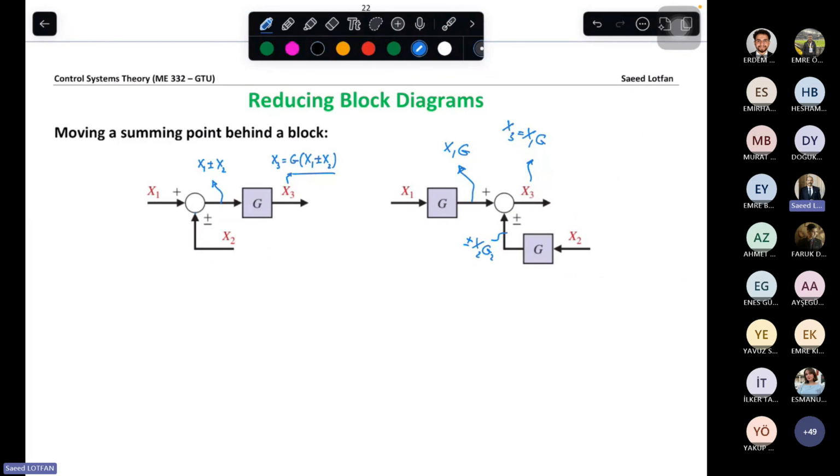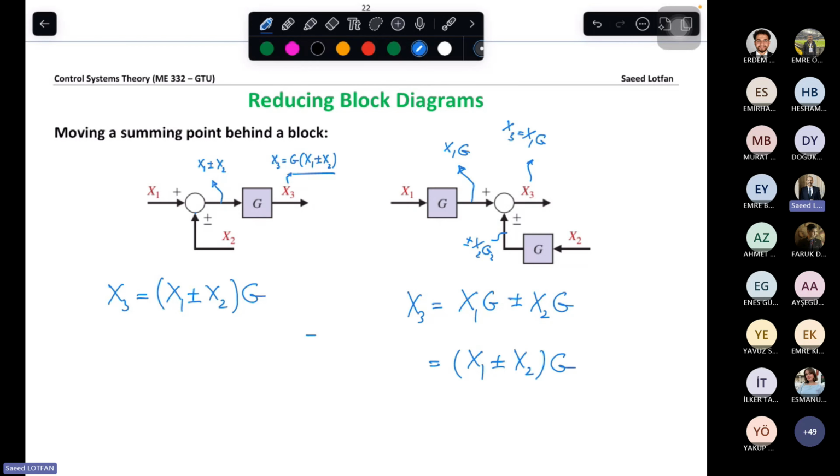So from here, X3 is (X1 plus minus X2) multiplied by G. From here also, X3 is X1G plus minus X2G, which is equal to (X1 plus minus X2)G. These two are equivalent to each other.